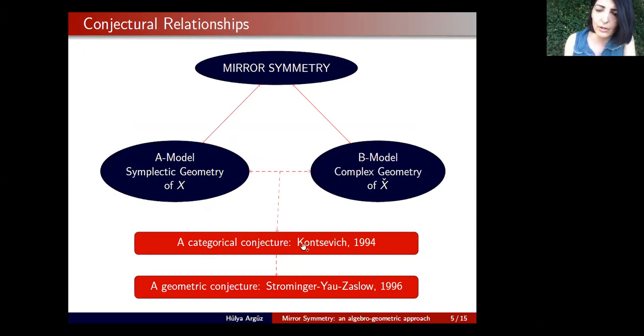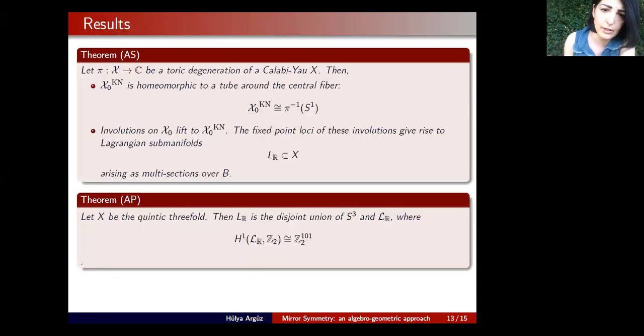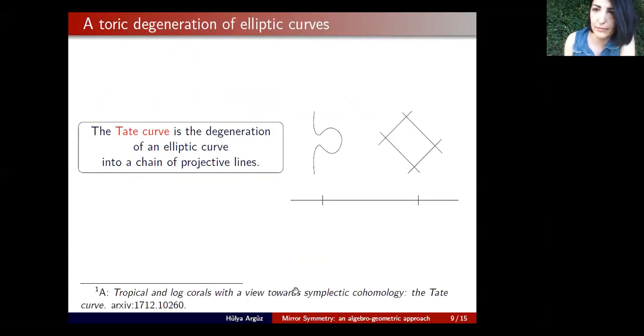This conjecture is saying that the coordinate ring mirror to a Calabi-Yau in this setup is given by the symplectic cohomology ring, and the symplectic cohomology ring has higher product structures. And I showed that these product structures can also be realized in this geometric construction. I compared these two constructions for the Tate curve and showed that they're equivalent. So in rough terms, this means the Tate curve satisfies homological mirror symmetry from the Gross-Siebert perspective.